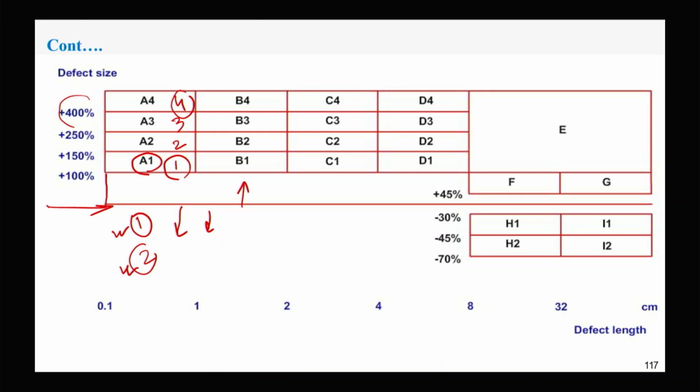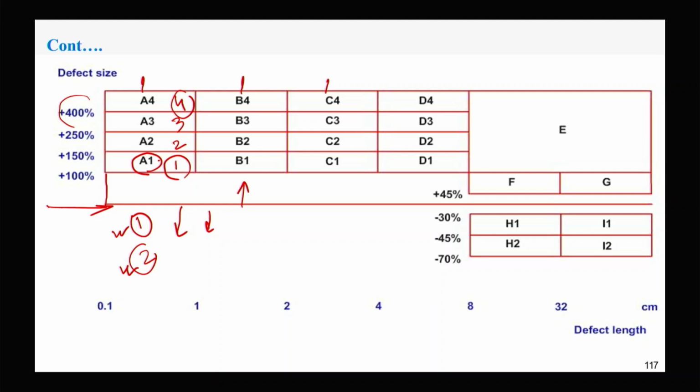So the numerical values are indicating the level of mass per unit length, and the alphabets A, B, C, D, E are showing the length of the fault.